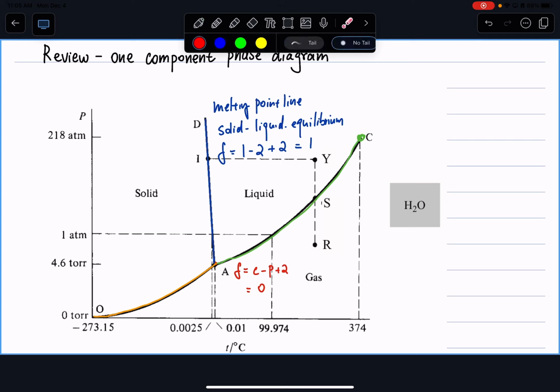We start from some gas phase here. There are two different ways you can do it. You can either keep your pressure relatively constant, and by decreasing the temperature, you get it back to the liquid phase. Or you can keep the temperature constant, and by adding more pressure, you can condense that water back to liquid phase. This is called the isothermal compression of gas.